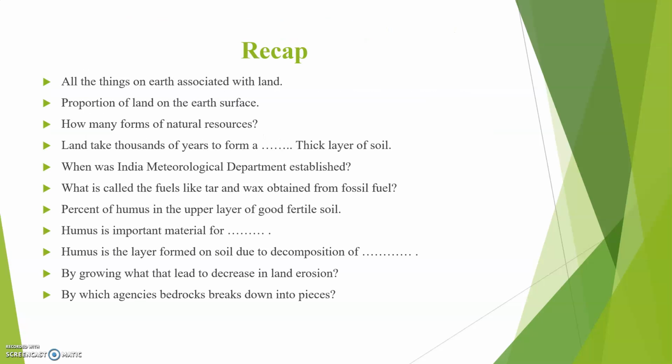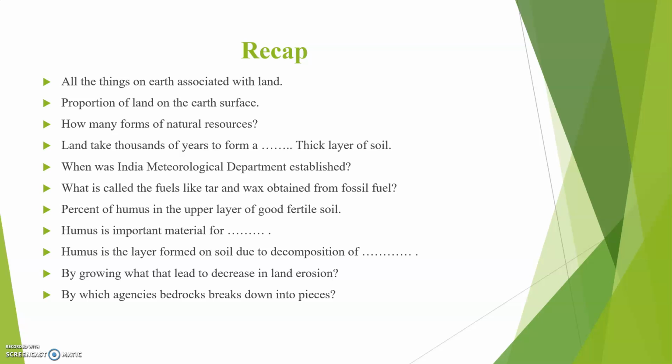Let's take a recap. These are the questions. All the things on earth associated with land, the sphere, is called the lithosphere. What proportion of land is on the earth's surface? It is 29%. We have seen it earlier, right?